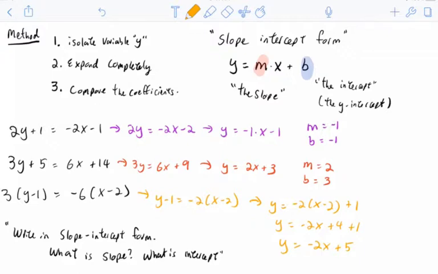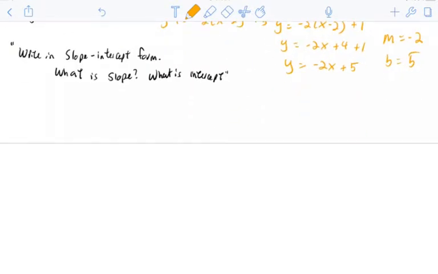So the slope is equal to minus 2, and the intercept is equal to 5. I want you to get some practice in on this particular exercise. It's super useful in the long term. So it's really important that you know what we mean by slope-intercept form, and it's really important that you've mastered putting a linear equation in slope-intercept form. Let's move on.